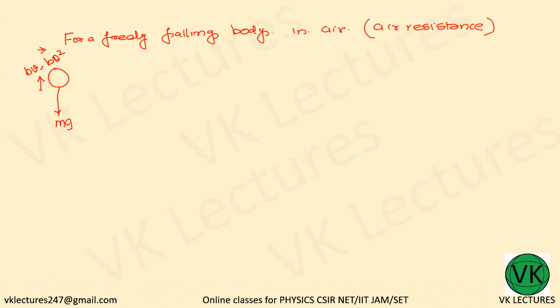Now velocity of this body is given by mg by k, k is some constant, into 1 minus e to the power minus kt by m. Here mg by k, this particular term, is called terminal velocity.